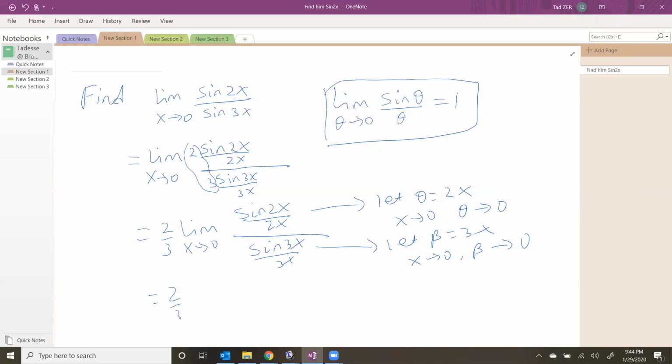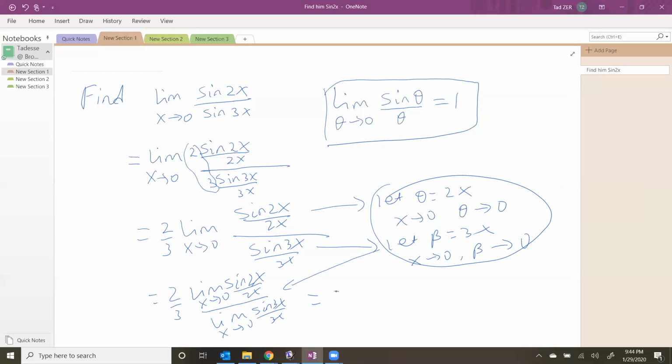So what does that mean? It is 2/3 times the limit of sine 2x over 2x as x goes to 0, divided by the limit of sine 3x over 3x as x goes to 0. Now you can use the change of variables. That gives 2/3 times the limit of sine theta divided by theta as theta goes to 0, divided by the limit of sine beta divided by beta as beta goes to 0.